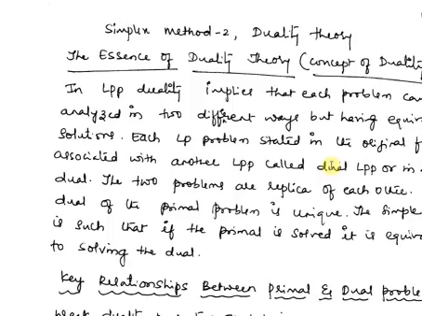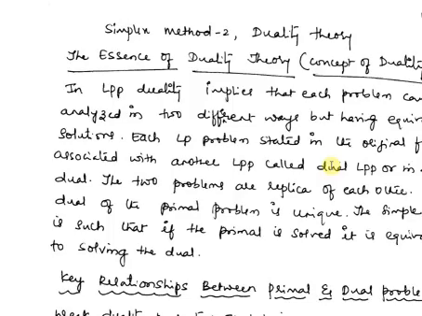Each linear programming problem stated in the original form is associated with another linear programming problem called the dual linear programming problem, or the dual theorem. The two problems are replicas of each other, like the analogy I gave: 3 multiplied by 5 is 15 and 5 multiplied by 3 is also 15, right?